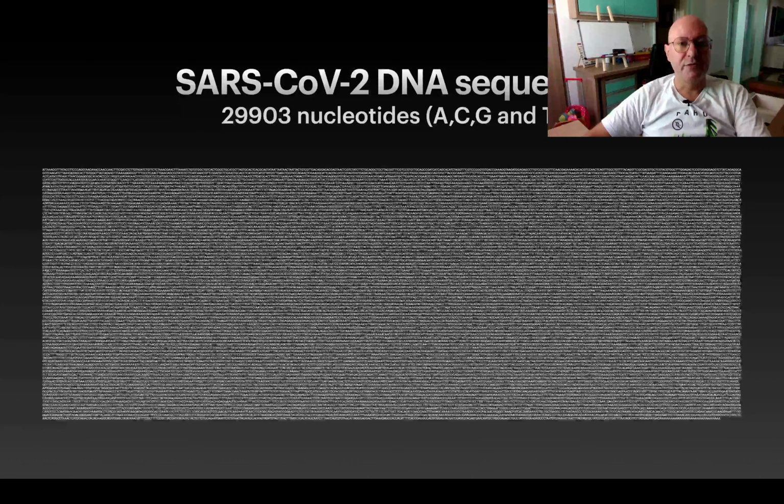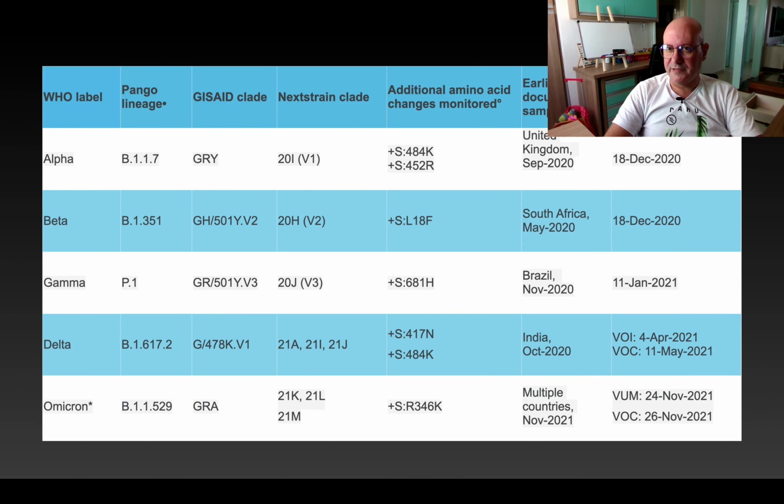You may call this intelligence, you may call this random, but actually the viruses do that, and they try to be more powerful. They try to escape vaccines, or escape any immunity you may have, and they will try to reproduce themselves by using your cells.